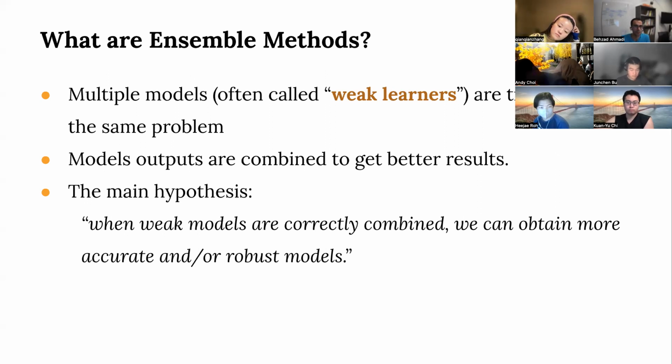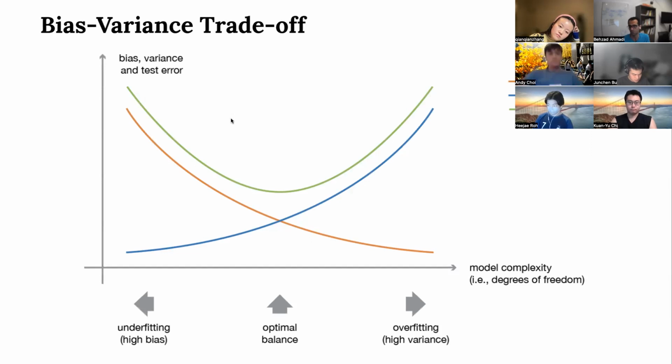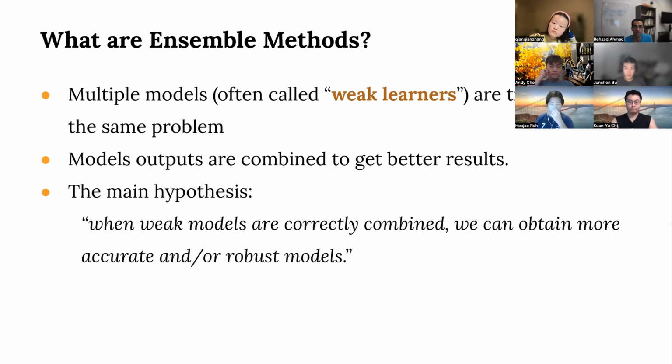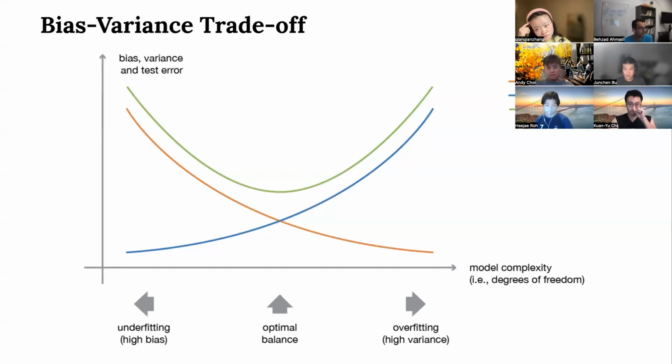These are called weak learners. And if you combine them correctly, you can obtain a very accurate and robust model. The way you combine them is the ensemble. So this is our infamous chart of bias versus variance versus model complexity, and where the optimal point stands. The idea of weak learners is the same thing. You're training multiple very high bias weak learners, or multiple very high variance weak learners, but in aggregate they're really good.